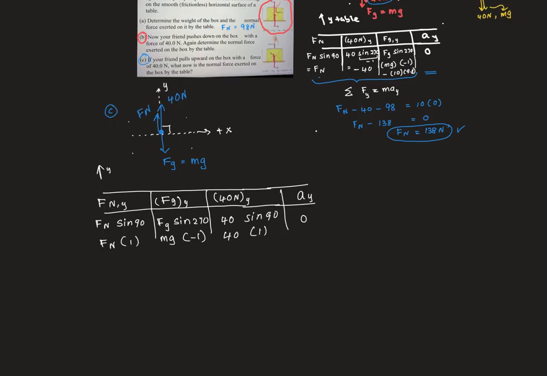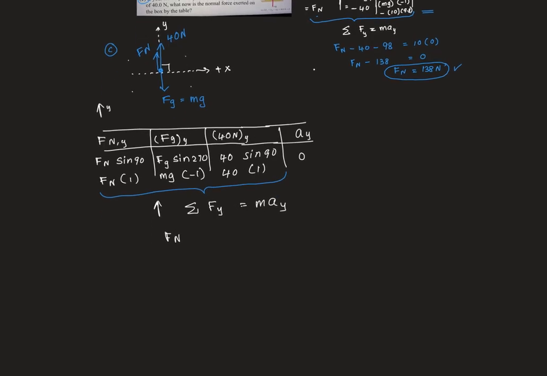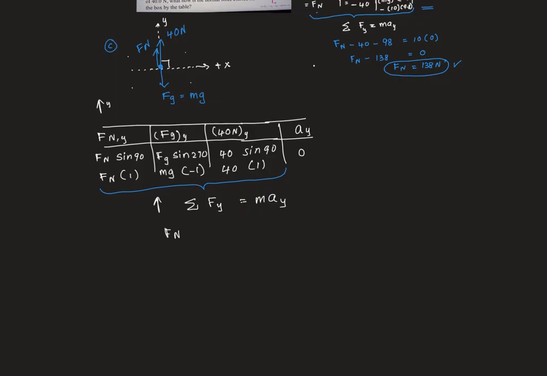Now we are setting up Newton's law along the y direction. Sum of Fy equals mass times Ay, and then we put Fn from the table. For the sum, you have Fn minus mg plus 40 times 1, right?